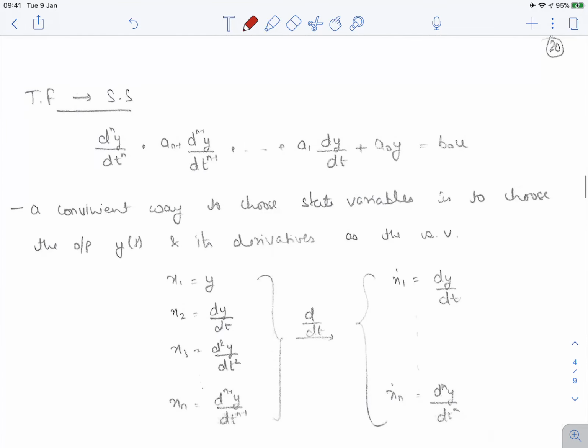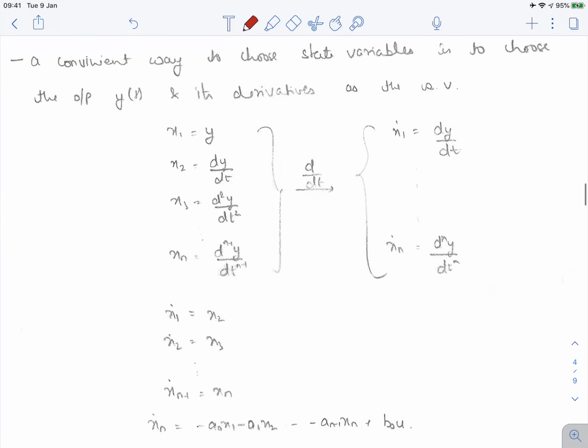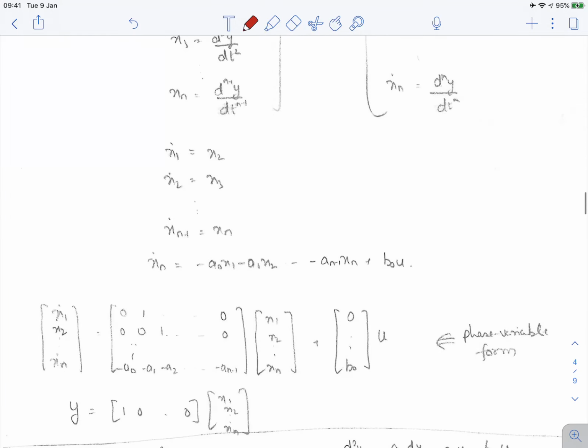So here in this step, transfer function to state space. In this section I have explained how you can obtain the state space, the state variables. Do you get this point?